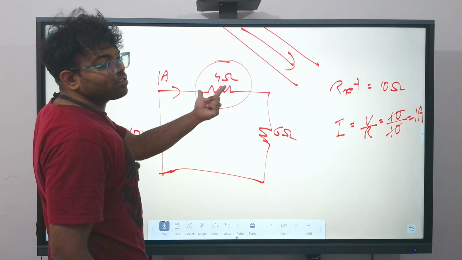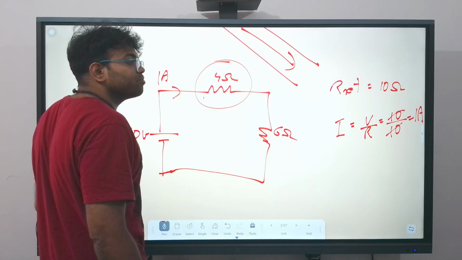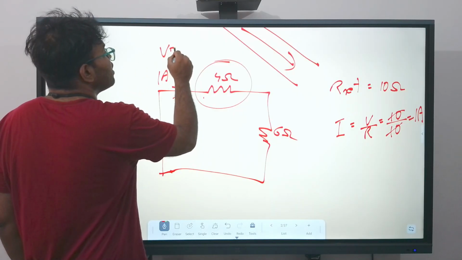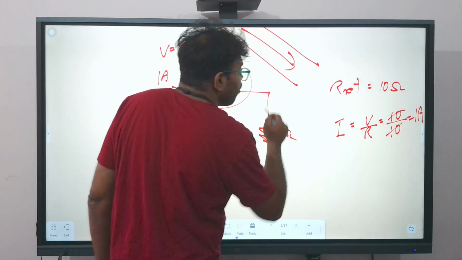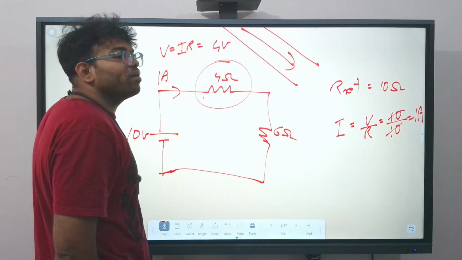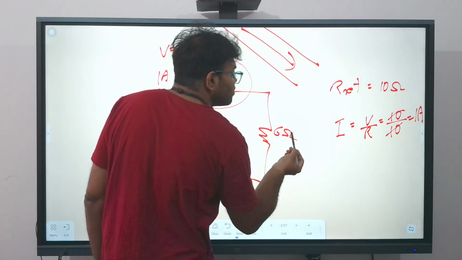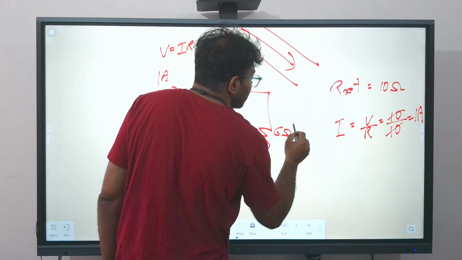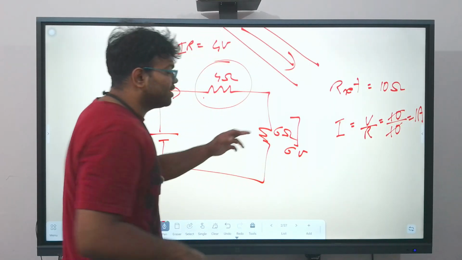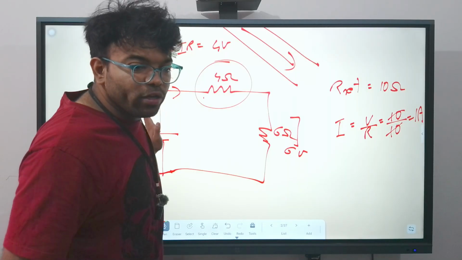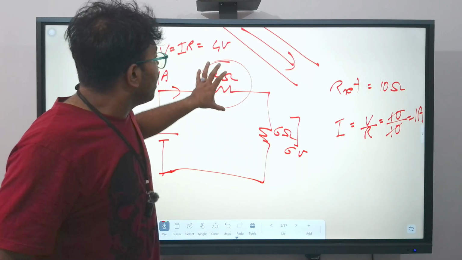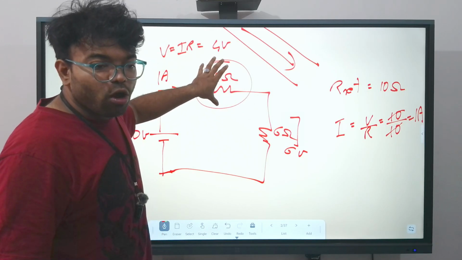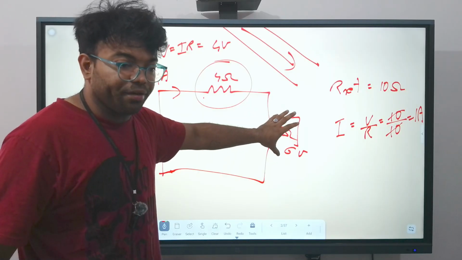So voltage drop across this resistor will be V equals IR, which is 4 volts. The voltage dropped across the 6 ohm resistor will be 6 volts, since 6 into 1, the current flowing through the circuit I is equal to 1 ampere. So there will be 4 volts dropped here and 6 volts dropped here.